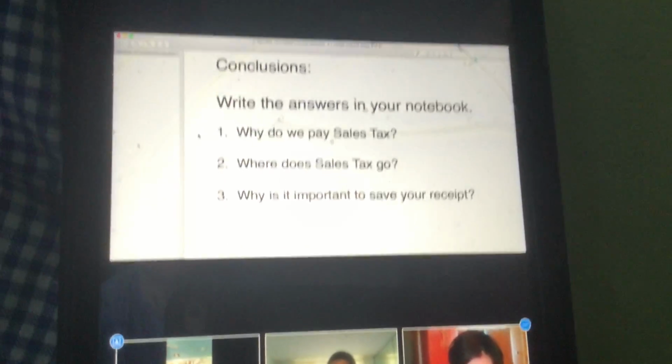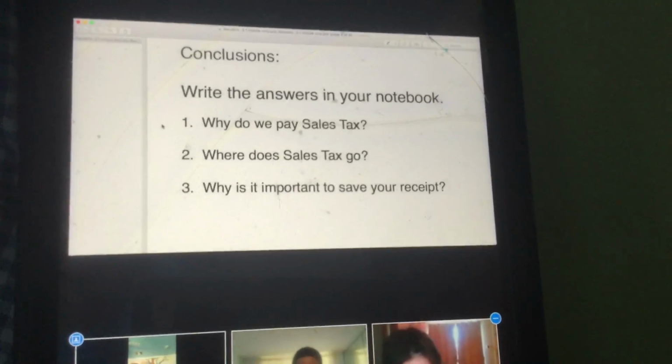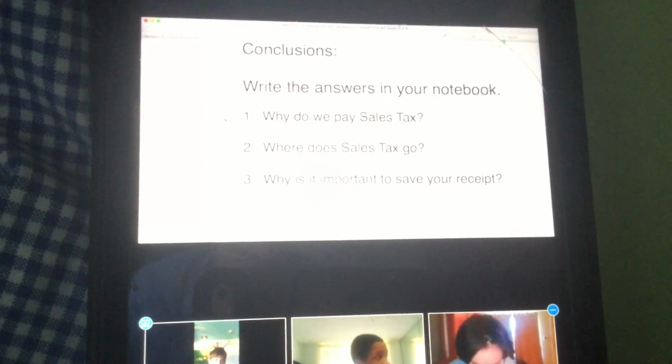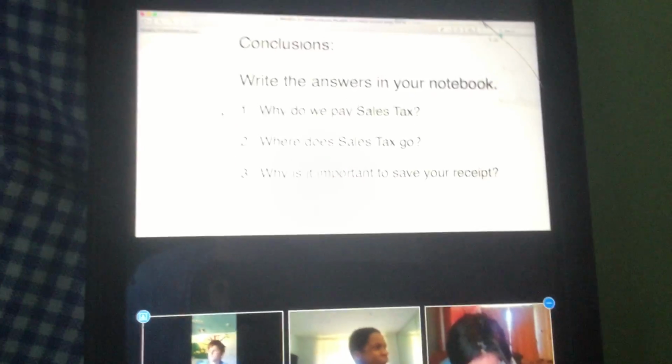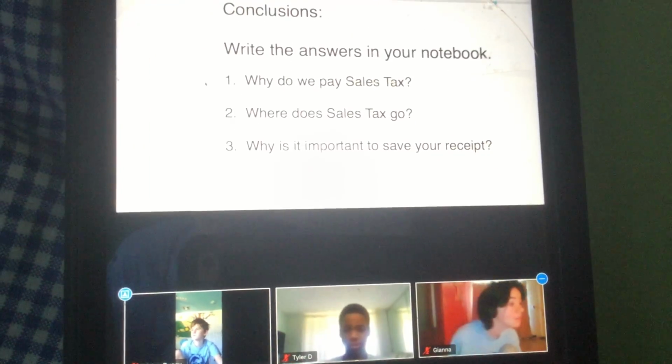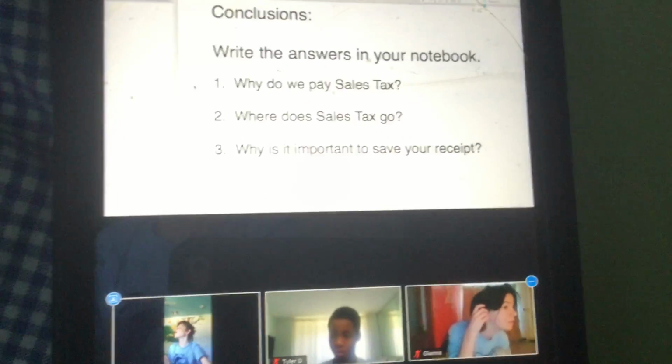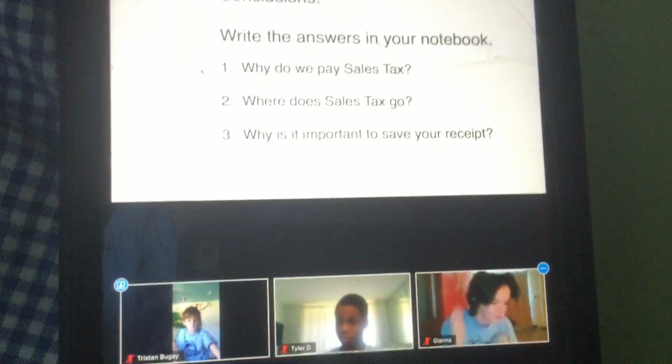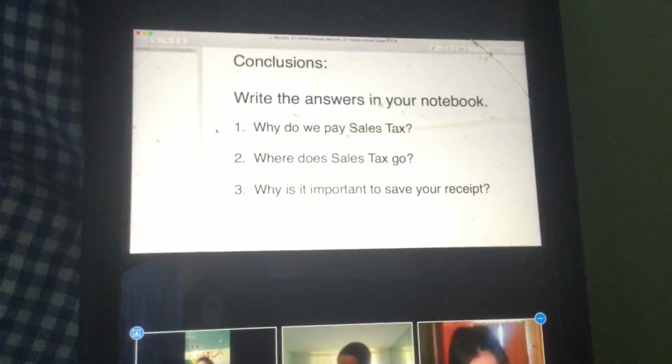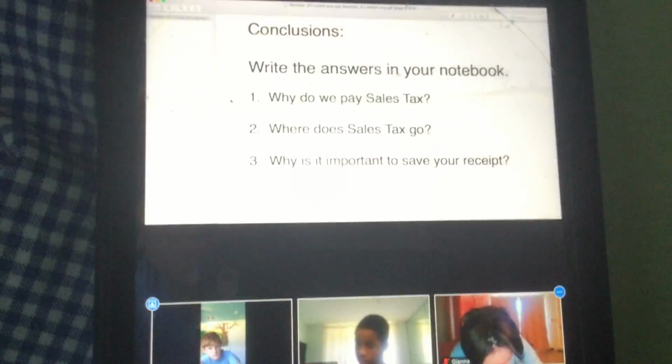A receipt? Exactly. So if you need to return something, you need to save your receipt so you can make sure that all the items on your receipt are in your shopping bag. You need to save your receipt if you buy something that's broken and it needs to be taken back to the store. So those are just a few reasons.